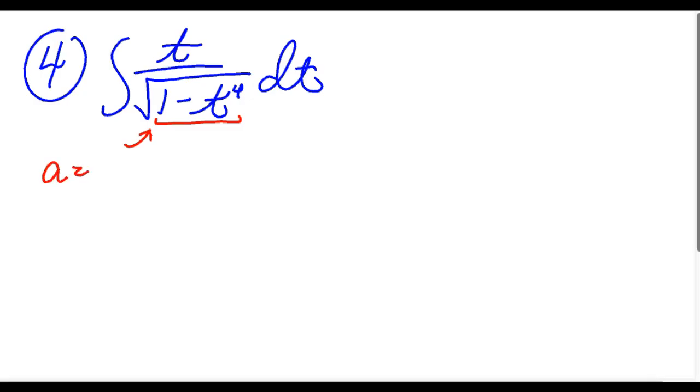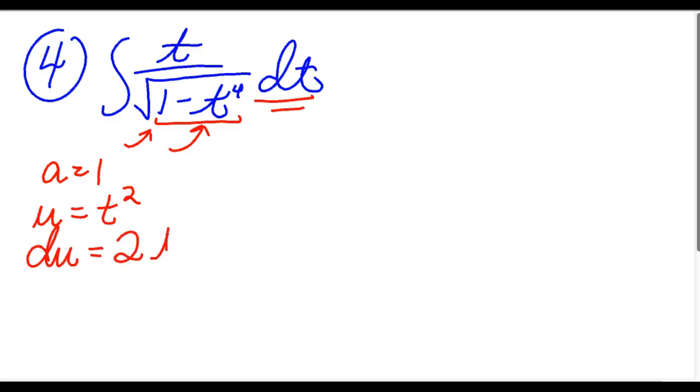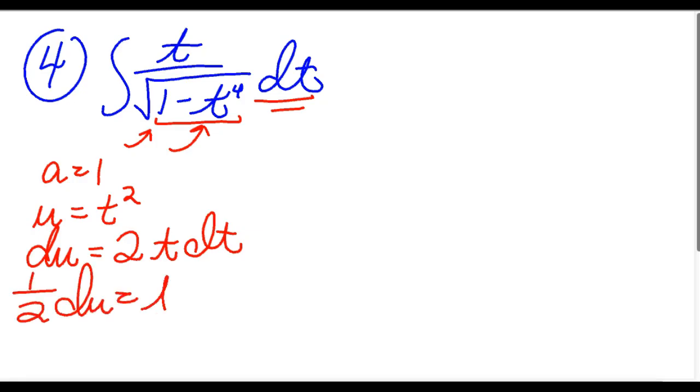Because that's our a. What is being squared? Because that's our u. Right? Be careful. Always du it. I'm not going to get exactly dt on this one. I get 2t dt. So in addition to my model, I also need a 1/2 fraction correction on this.